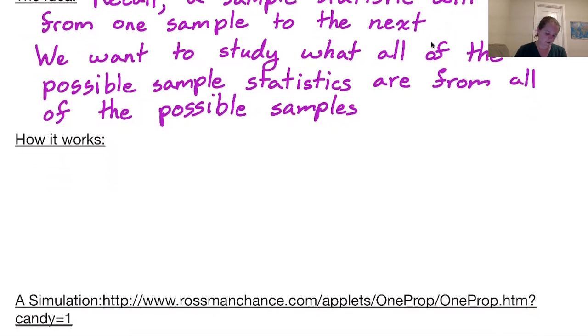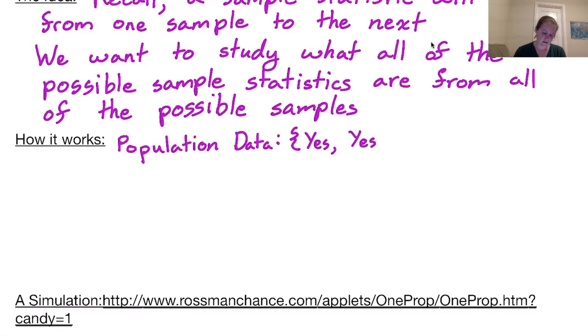So let's say that our population data is yes, yes, no, and we're just looking at 3.